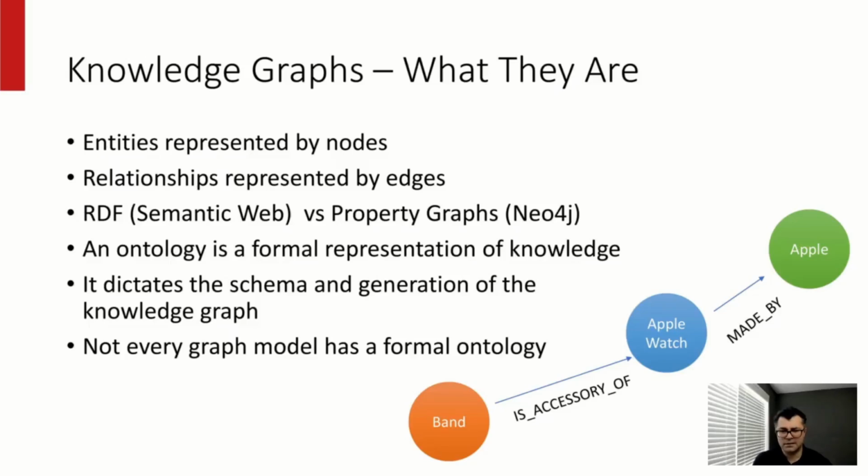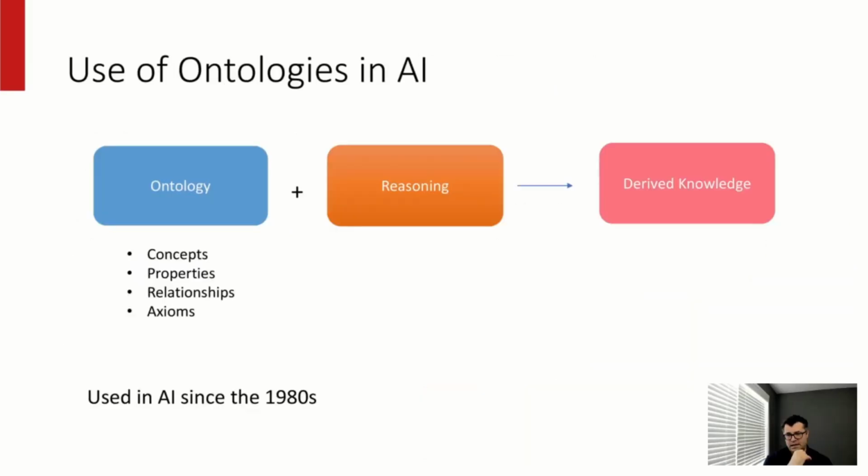So the reason I'm mentioning this is just to emphasize the connection between knowledge graphs and AI. So people are talking about AI as if it's something that just started with GPT. It is a field that has been around since the 50s, and ontologies have played an important part in that. So they have been utilized within AI since the 80s.